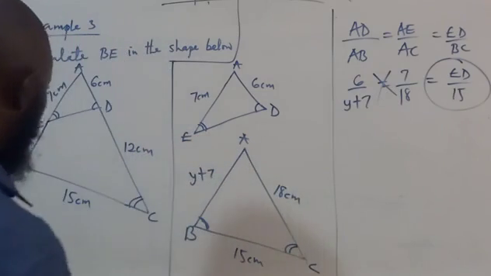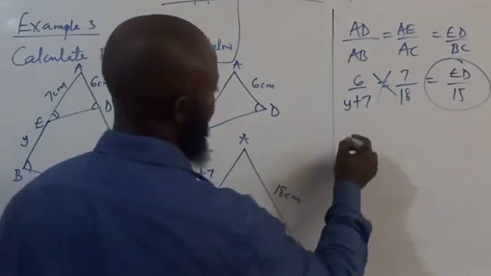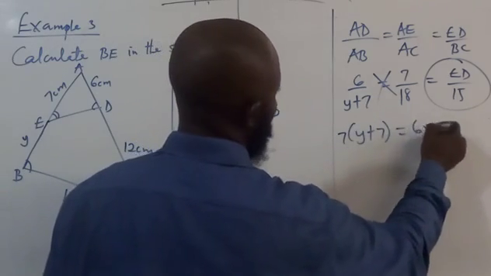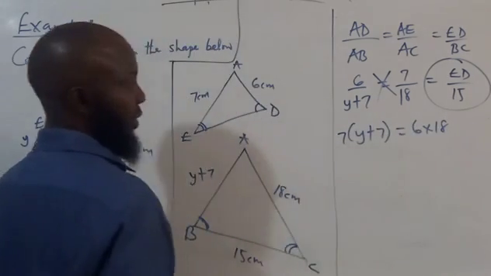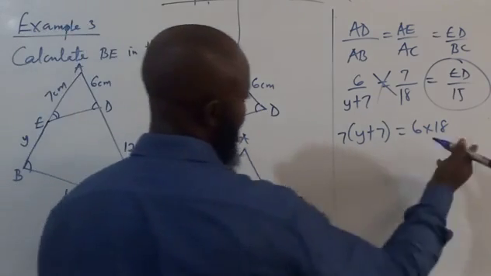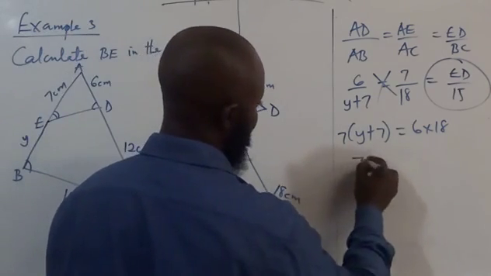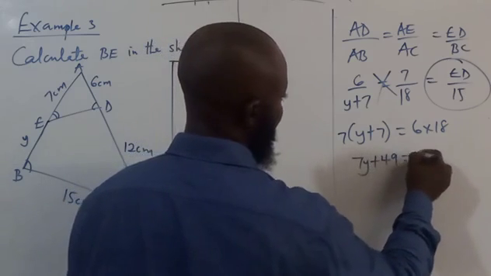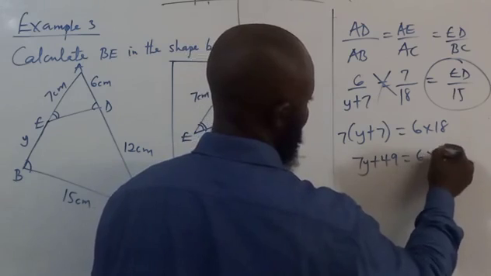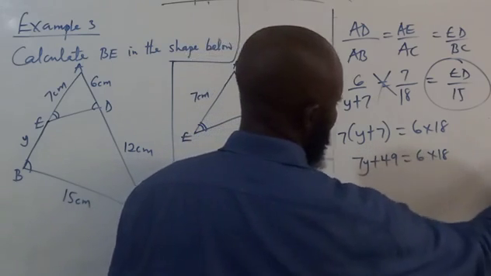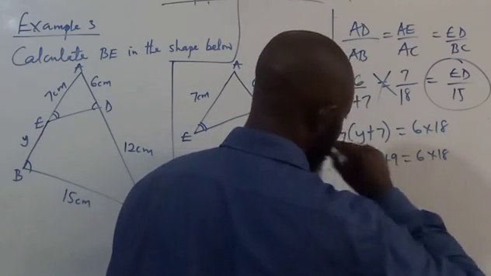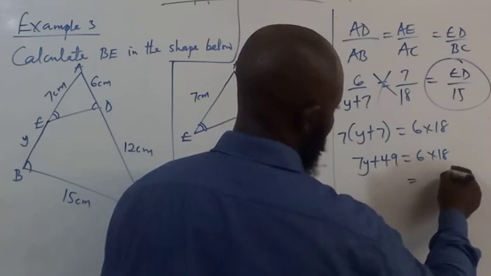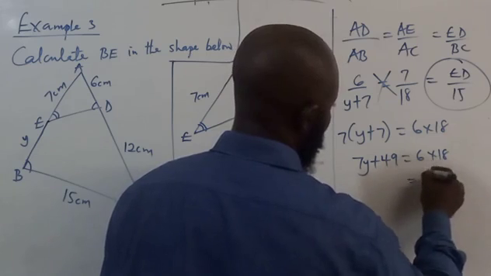So we just make use of this when we cross multiply here. Cross multiplying will give us 7 into Y plus 7 equal to 6 multiplied by 18. Let me open the bracket. That is 7Y plus 49 equal to 6 times 18, which we can calculate to be 6 times 8, 48, that is 108.